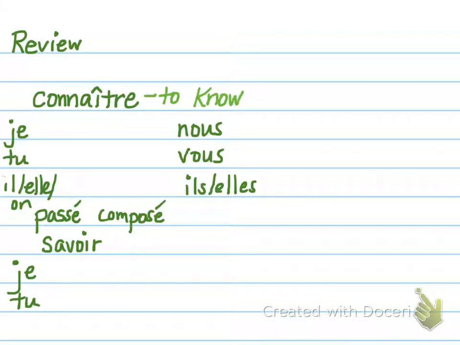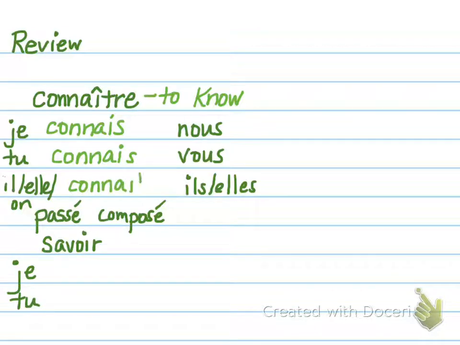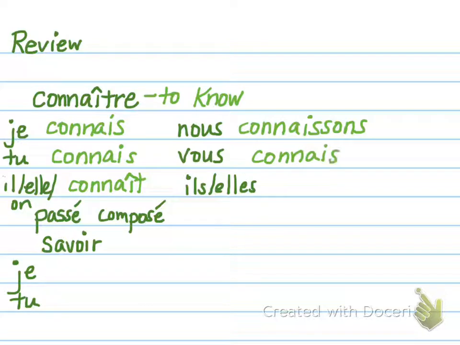And the forms of connaître are je connais, tu connais, il, elle, on connaît, with the circumflex on the I. Nous connaissons, vous connaissez, and il, elle, pluriel, connaissent.